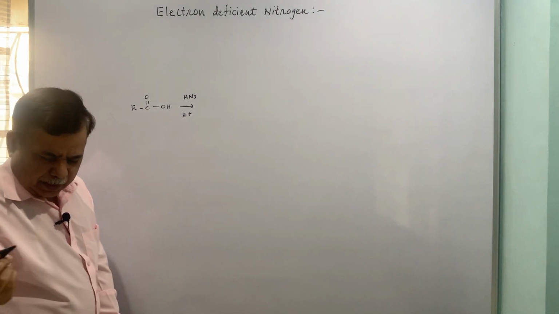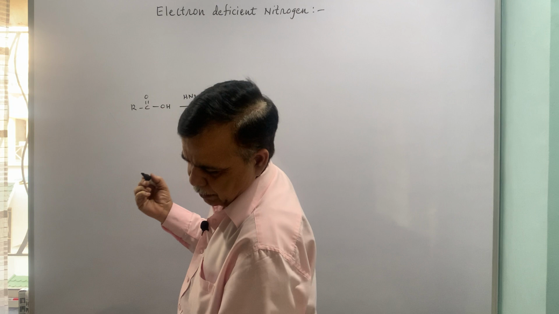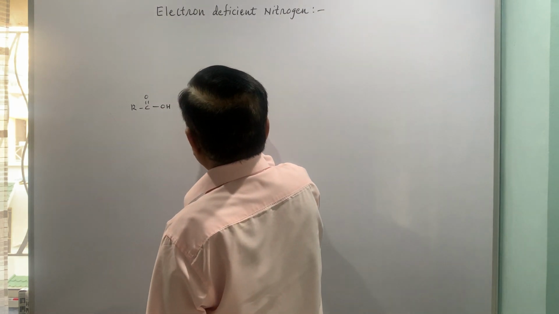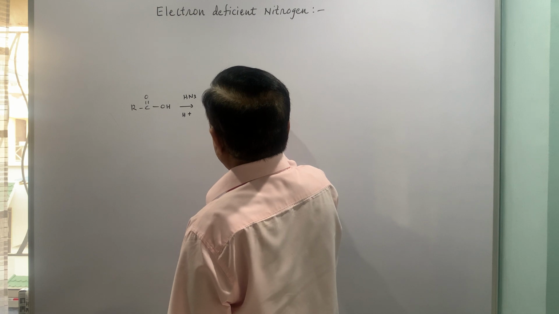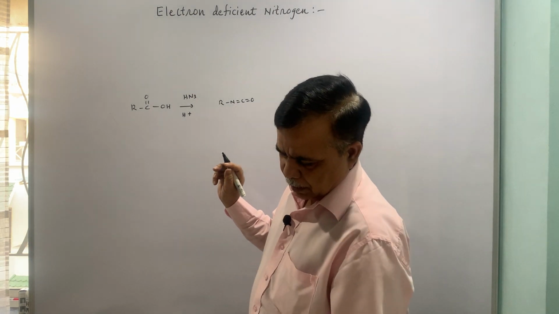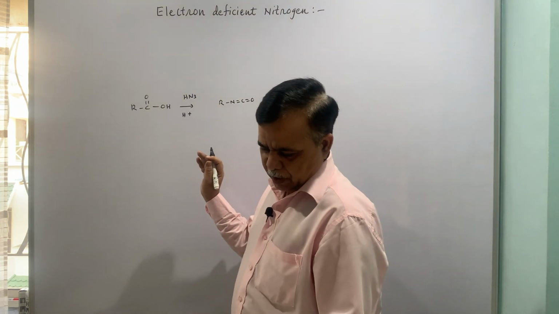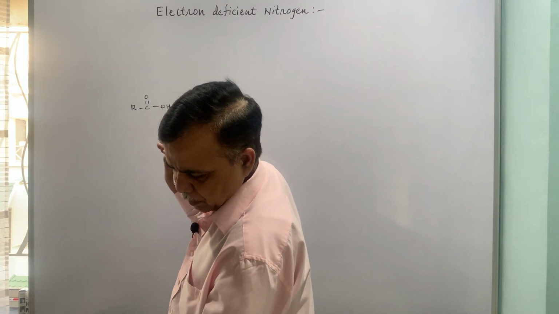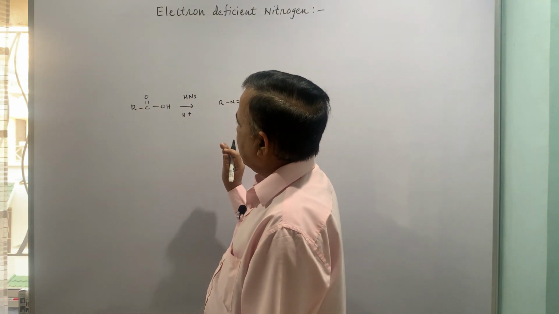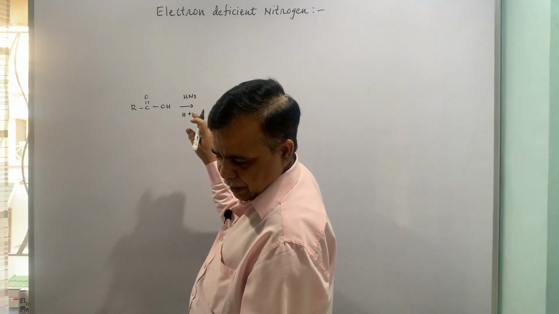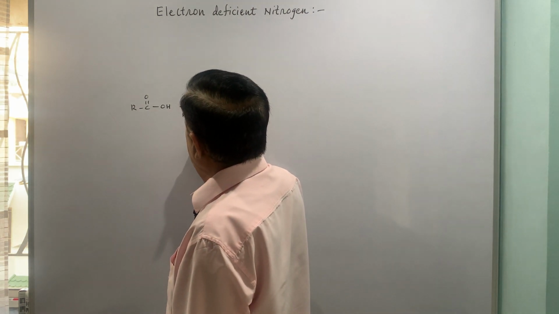So once again you will be having the isocyanate R-N=C=O, this is isocyanate, and then the same workup is there. Now first of all let us write down the reaction between the acid and this hydrazoic acid HN3. So what is HN3?